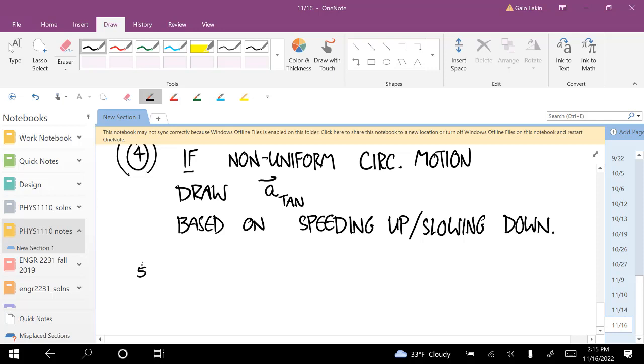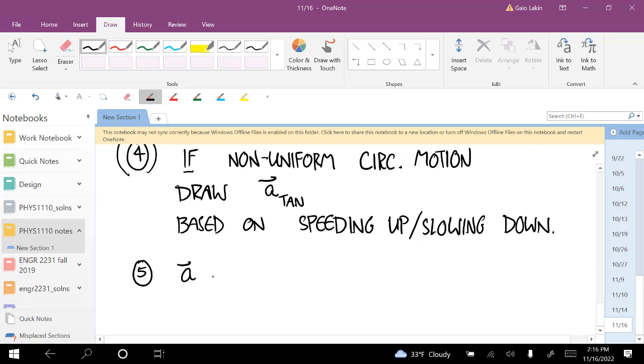Then step 5, there are a lot of steps. It might be a good idea when you're working on these problems to put a list of these steps out in front of you so you don't miss anything, until after you've done a few problems, it'll probably become sort of second nature, but for now, just have this sitting out in front of you.